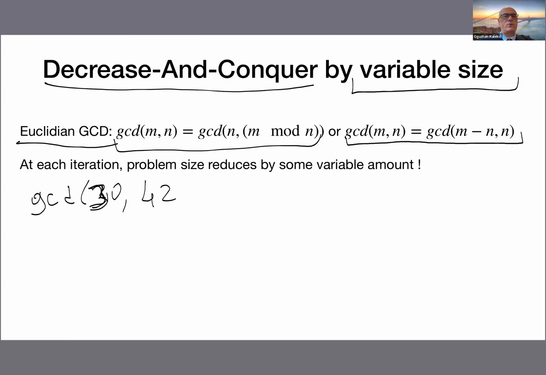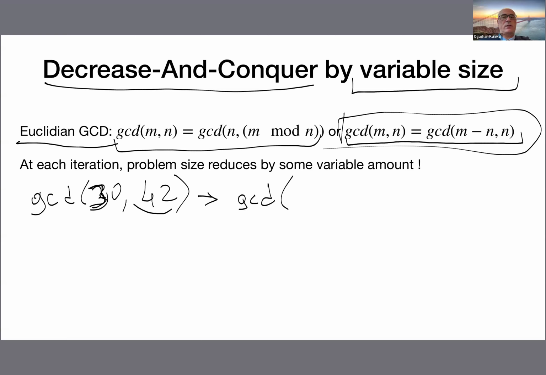So I will try to compute the GCD of 30 and 42 with this approach. Which one is greater? 42 is greater. So that will turn out to be GCD of 30 and 42 minus 30. That will be 12, right?